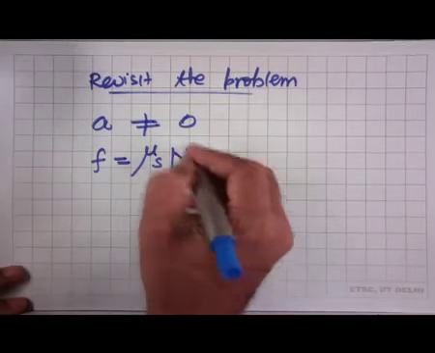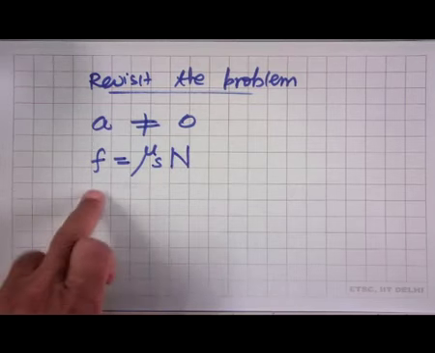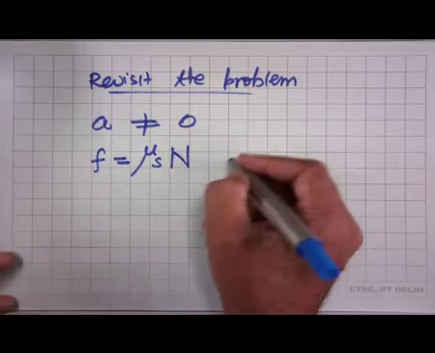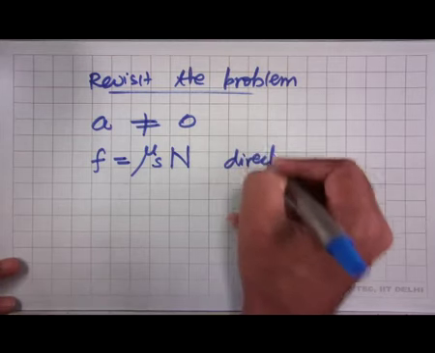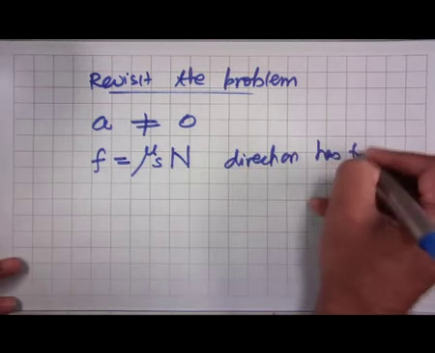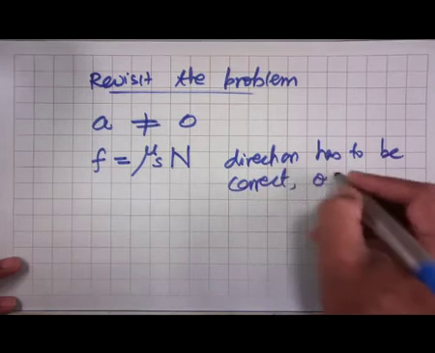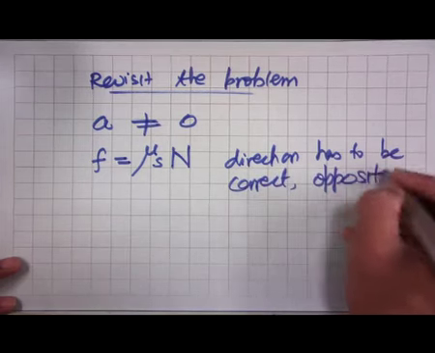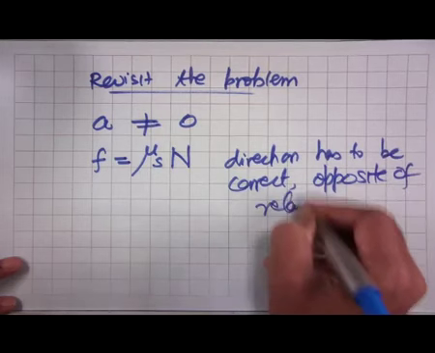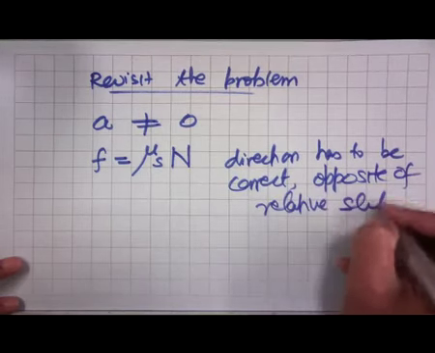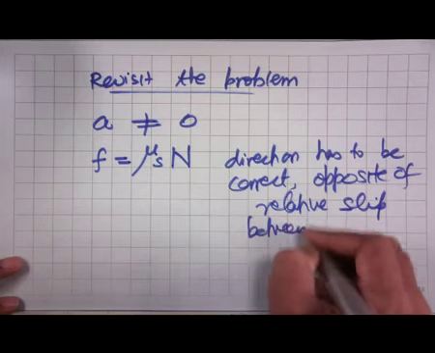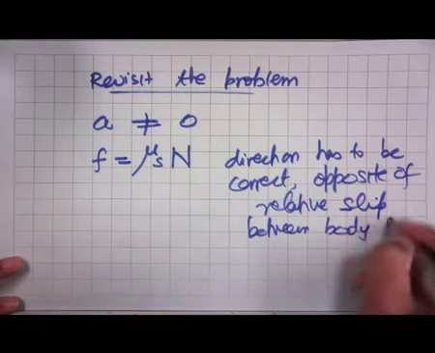So, there, what we will do is we will put the value of f. We do not know the value of n till now, but we will put f is equal to mu s n, and its direction has to be shown opposite of the relative slip between the body and the contact surface.